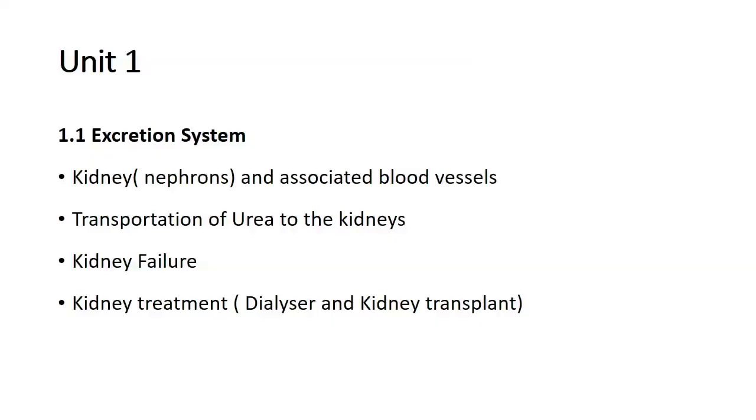You also need to know the proximal convoluted tubule, the distal convoluted tubule, the loop of Henle, both the descending and ascending limbs. So these parts are part of the nephron. I'm just trying to highlight to you, and they are clearly indicated in your modules. And the associated blood vessels, we have the afferent and the efferent.